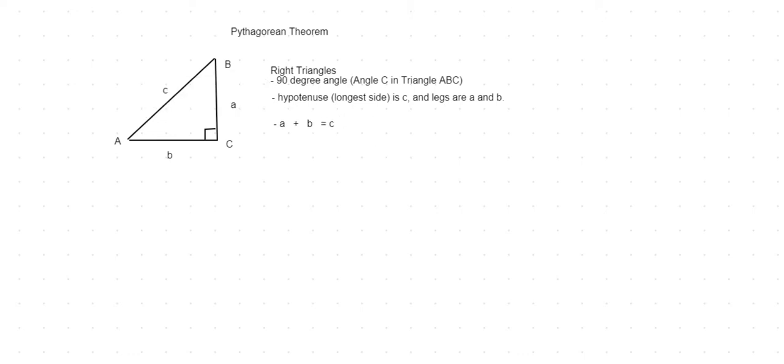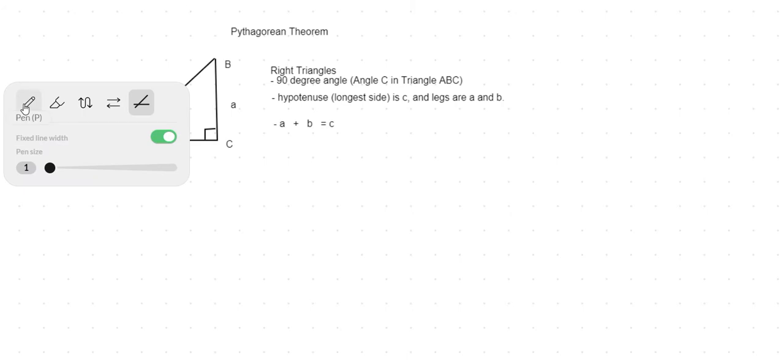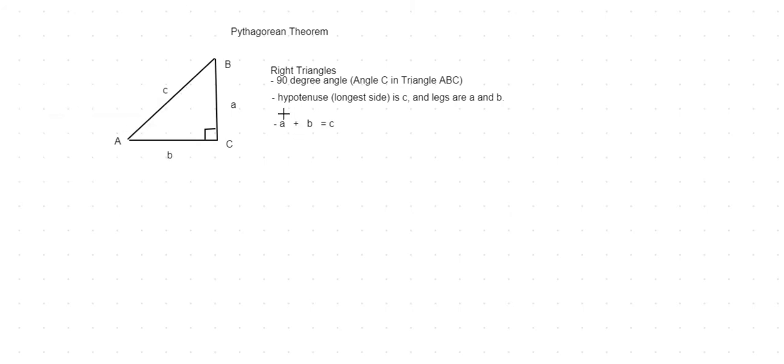The sum of the squares of the legs, a and b, equals c squared. So if we add a squared and b squared, they would equal c squared. It always came out that way. As long as it's a right triangle, it always equals this.